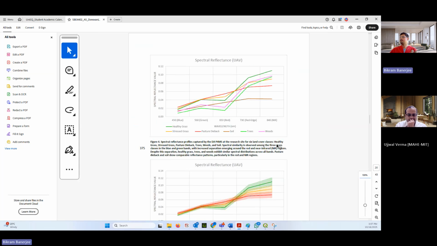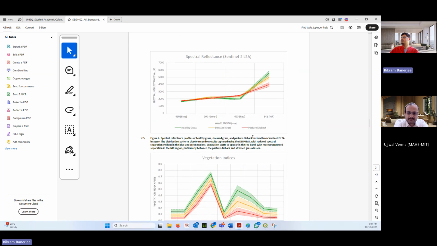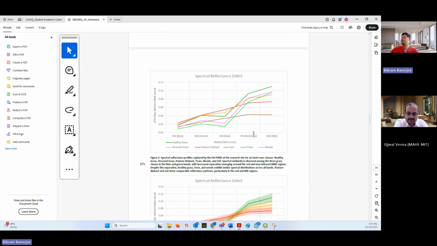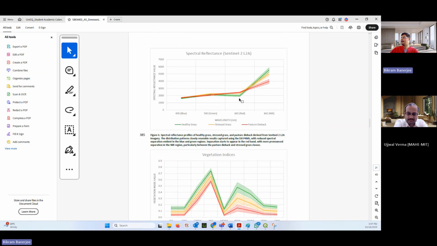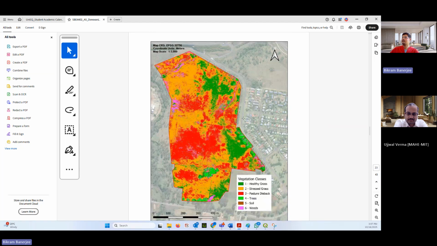Now, what he's doing here is basically studying the spectral variations and what is the range of variations when it happens. So he has this from UAV. This is also from UAV, and this is from Sentinel. Okay, and this is how he has done sort of a classification.